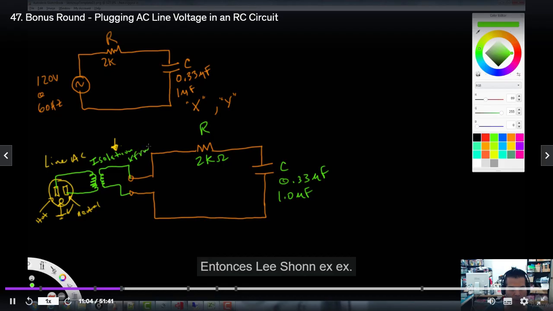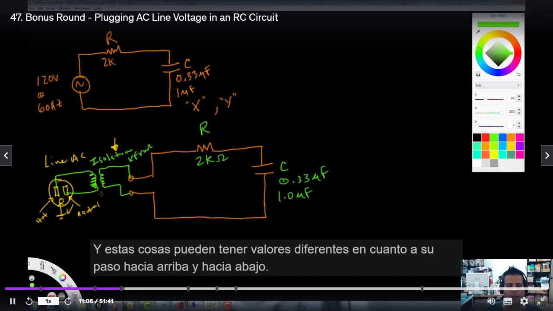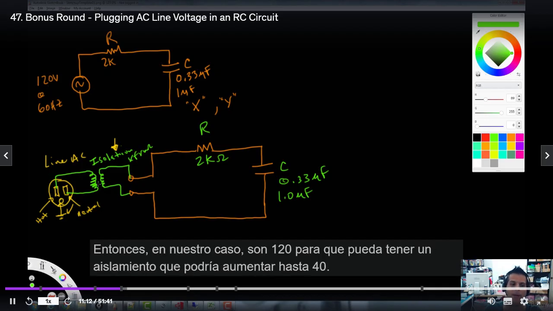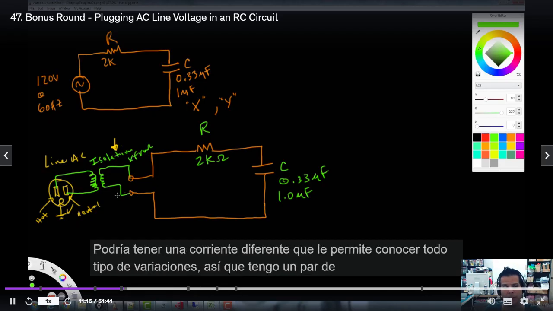These things can have different values as far as their step up and step down. In our case, it's 120. You can have an isolation that could be step up to 240. It could have a different current that it gives, and all kinds of variations.